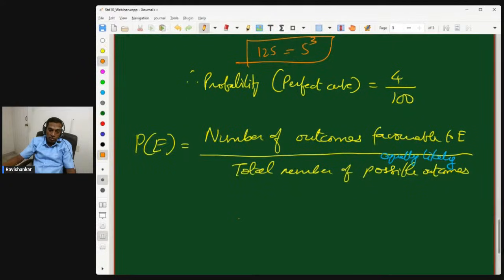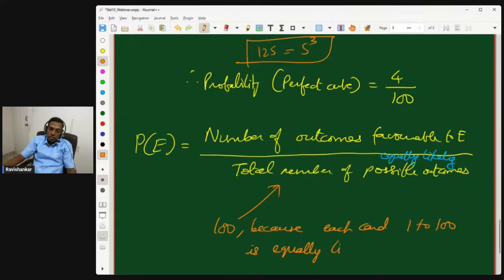So this denominator is 100 because each card from 1 to 100 is equally likely to be picked, and then outcomes favorable is 4. So this is 1 by 25.